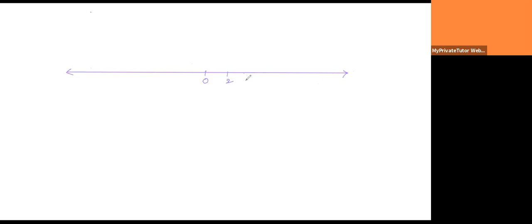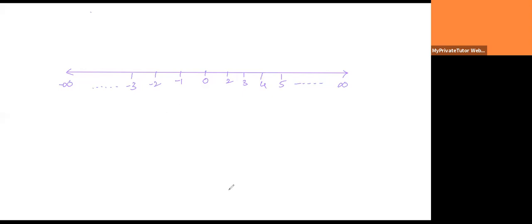So let's say these are the integers. On the negative side, it goes up to negative infinity, right? On the right side, it goes up to positive infinity. So this is how the number line looks. In the number line, you can see all the integers are there.